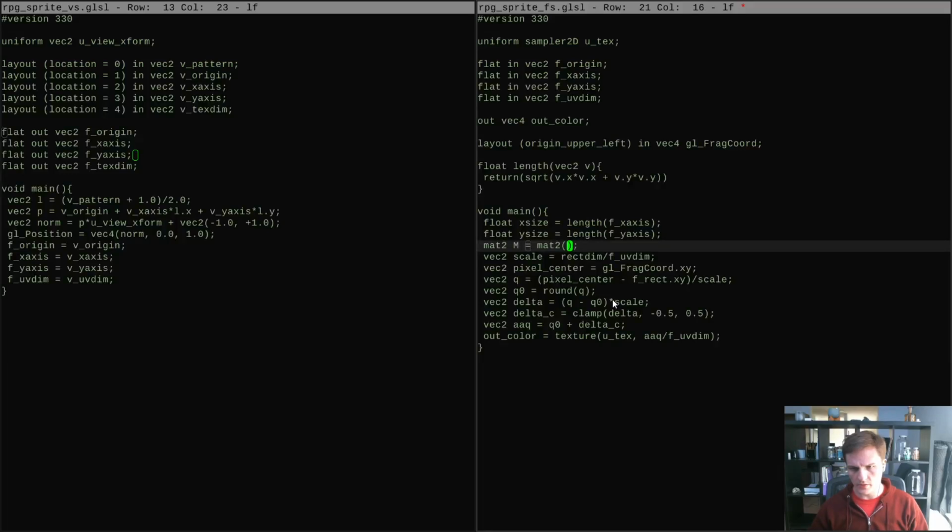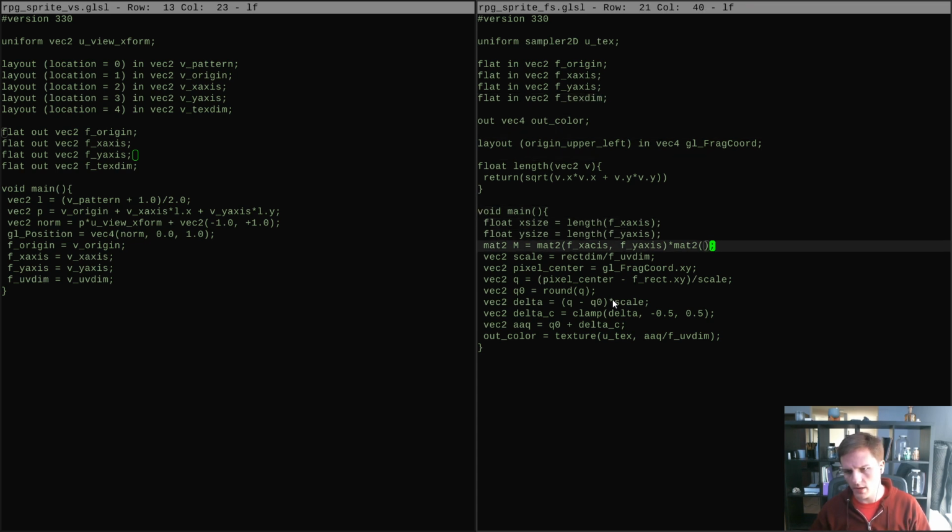Okay, so I want x-axis, y-axis packed into a matrix and multiplied by this, which is texture dimension now.